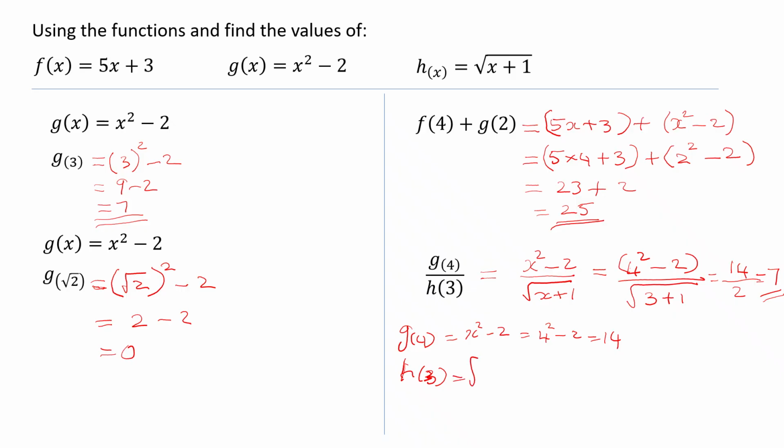So square root of x plus 1, so 3 plus 1, square root of 4, which is 2. Then you can divide g(4) by h(3). So 14 divided by 2, which is 7. Either way you can do this one.